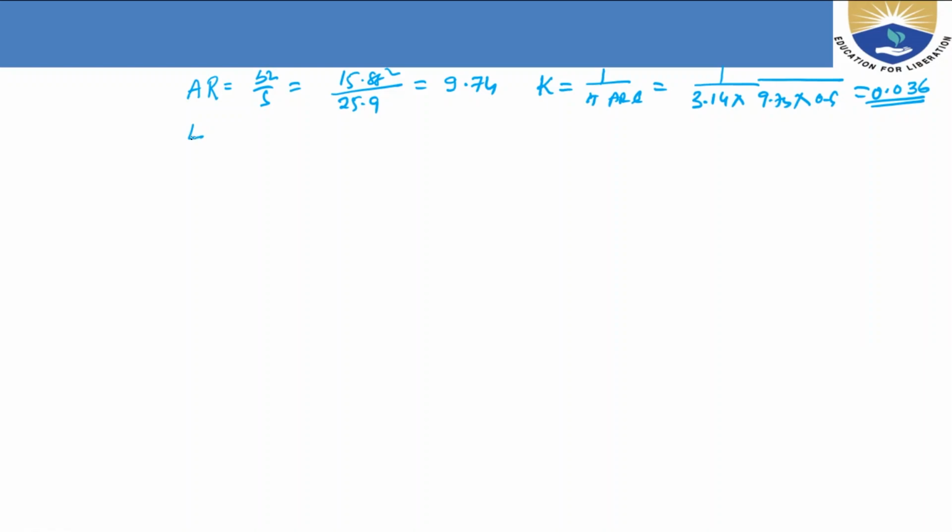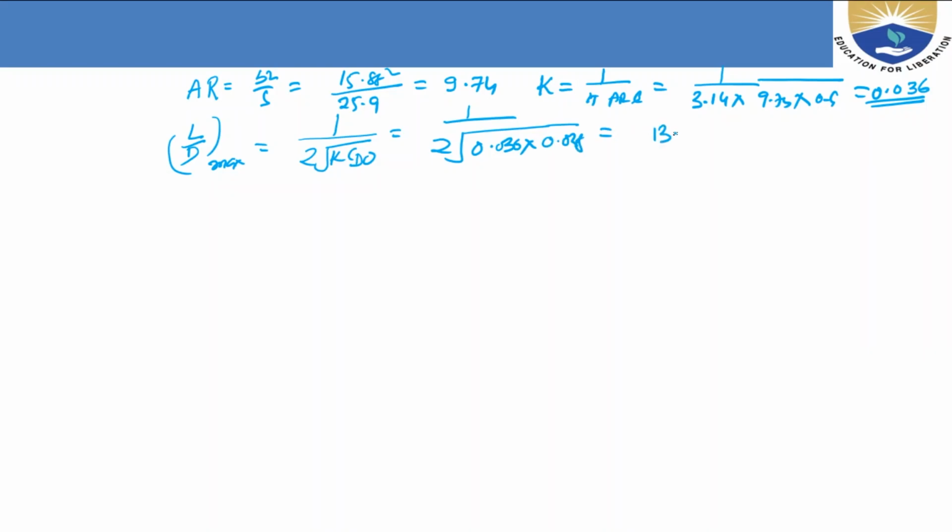L by D max, we know that it is 1 by 2 under root K CD naught. K is 0.036, CD naught is 0.038, it is given, so we got 13.5.